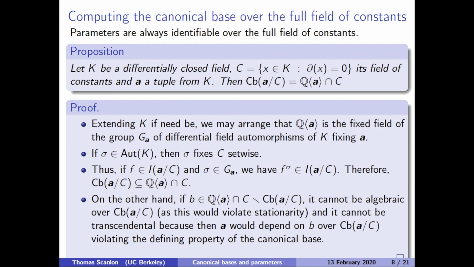You don't have to quite go that far, but you do need to arrange that the differential field you get from your original system after joining A has the same field of constants that you had before, which may or may not be true because there may be new constants, and this canonical base may very well be defined using new differential rational functions of A, which give you constants. So yeah, that could certainly happen.